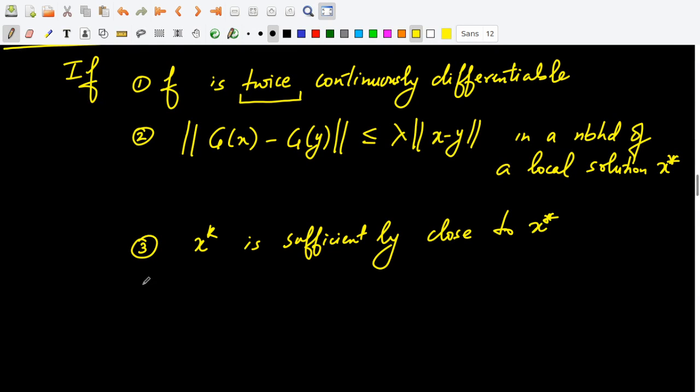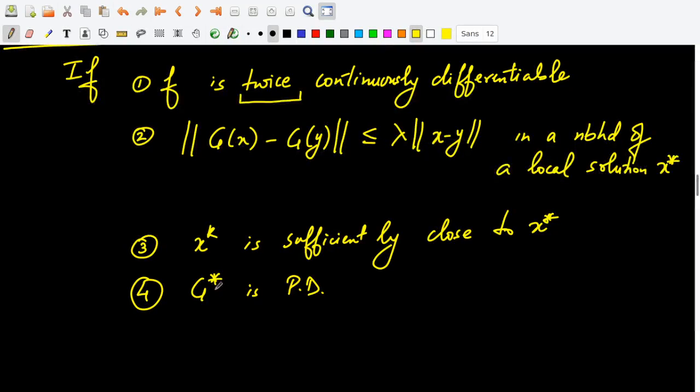And we are not done yet, so we also want G is positive definite. I'm sorry about this. This is not Gk, this is G star.